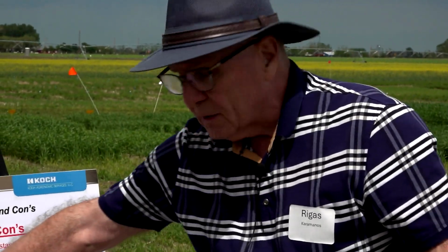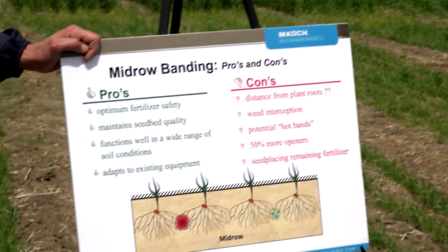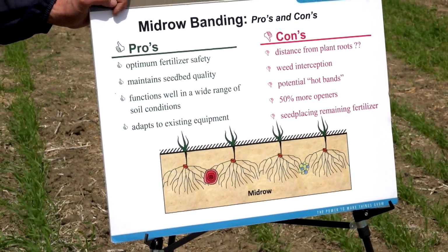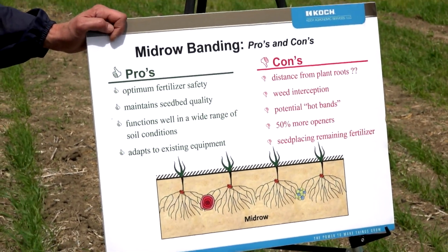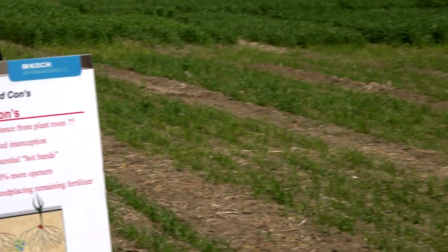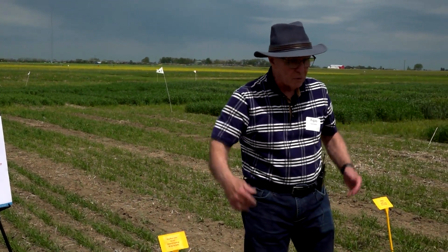It functions well in a wide range of soil conditions, and also you can use existing equipment. All you have to do is not use one of the openers: instead of applying fertilizer every 10 inches, block the one and go every 20.